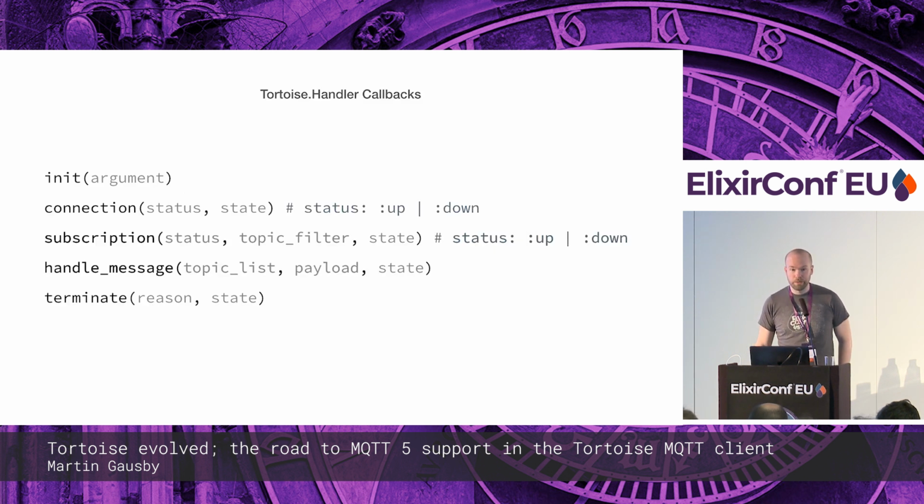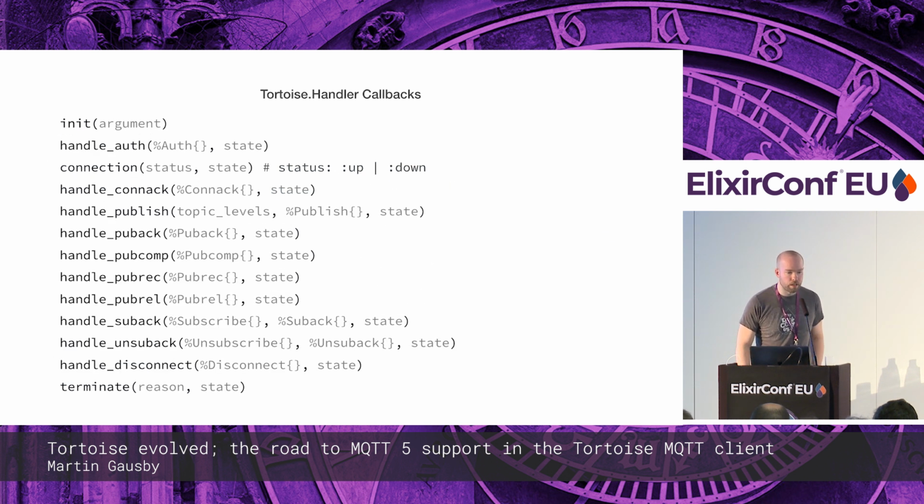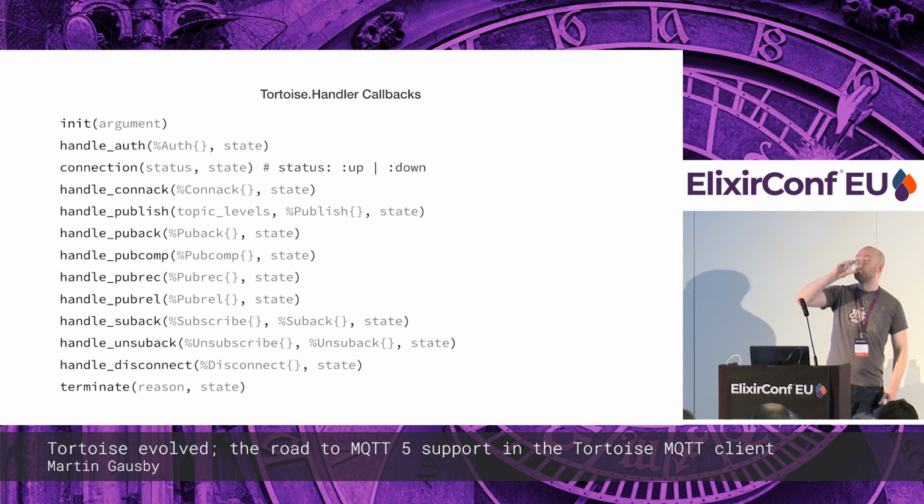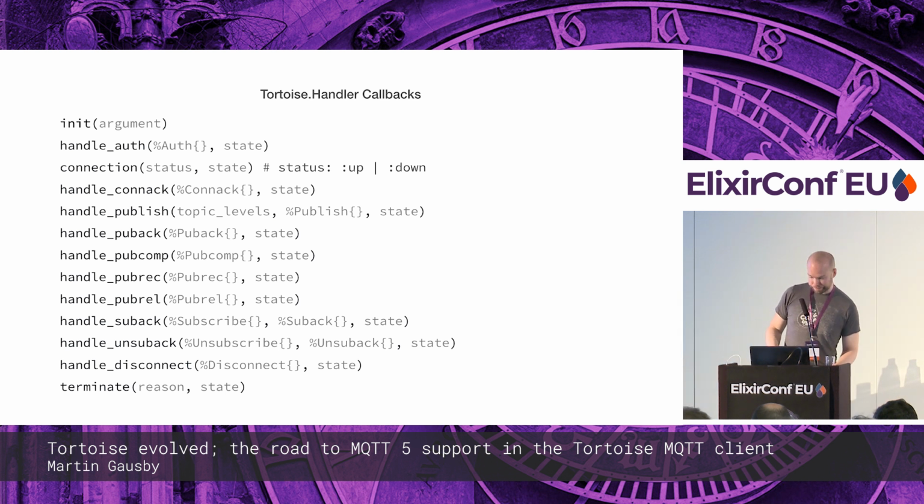So previously we had this interface, and we all liked it. We all thought it was great, but now I need to expose a couple more callbacks to you. You can read. So at this point, Tortoise will become a lower level MQTT client that has all these callbacks.